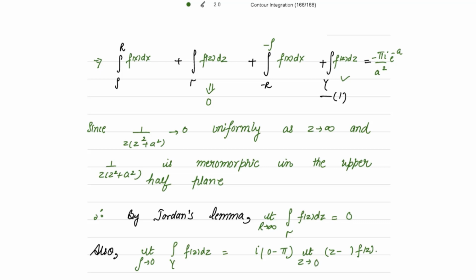It is 0, into z minus 0 times f of z. For any pole A, the formula is limit z tending to A of z minus A times f of z, because here A is equal to 0, the pole. So it is limit z tends to 0, z minus 0 times f of z.